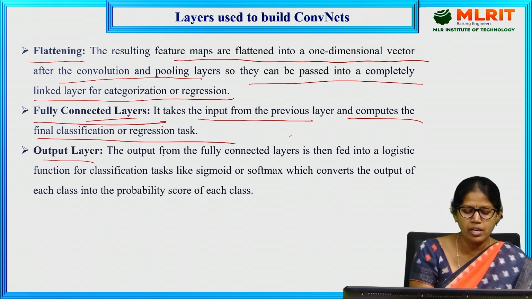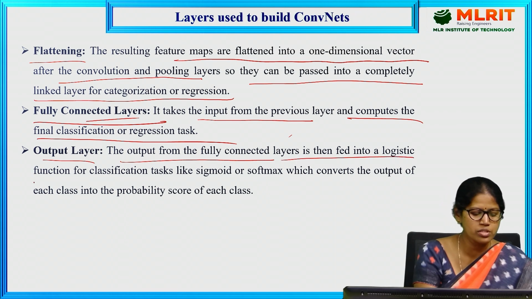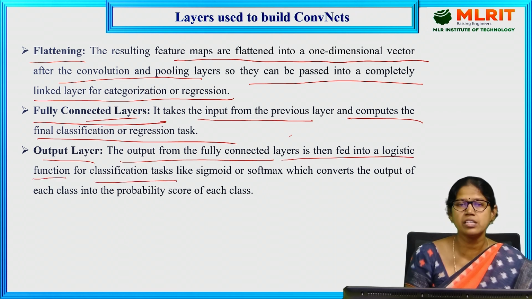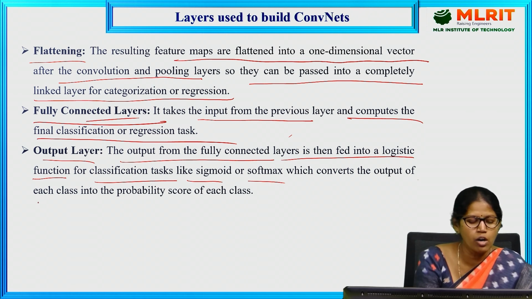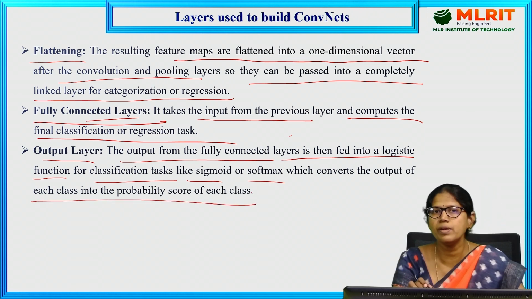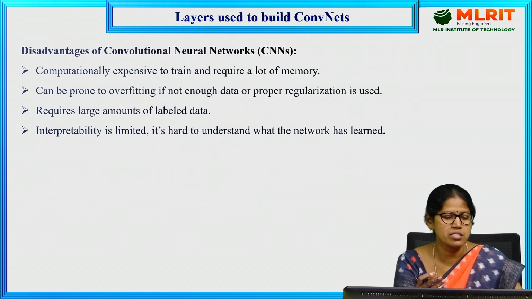The output layer: output from the fully connected layer is then fed into a logistic function for the classification task, like sigmoid or softmax, which converts the output of each class into a probability score for each class. This is the output layer. It will give the categorization or regression.